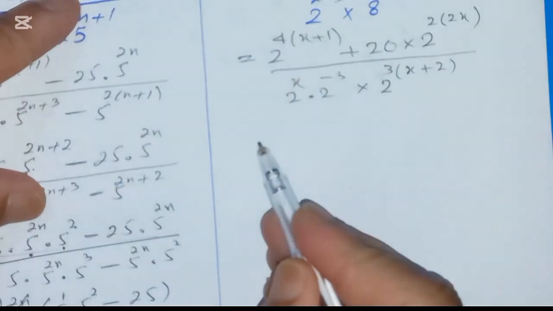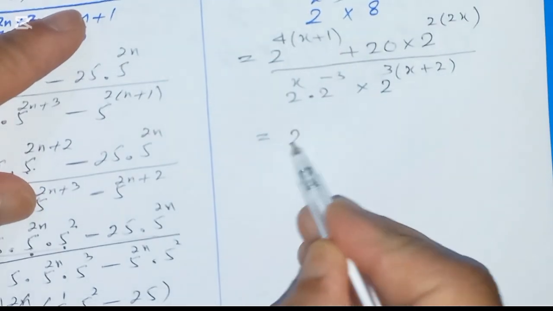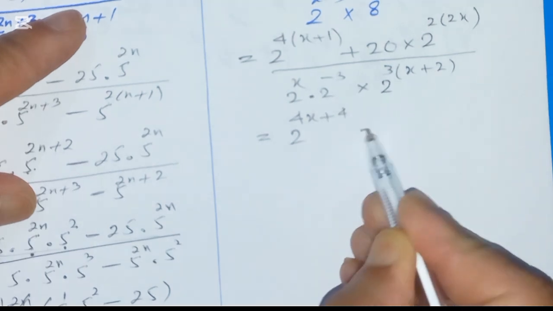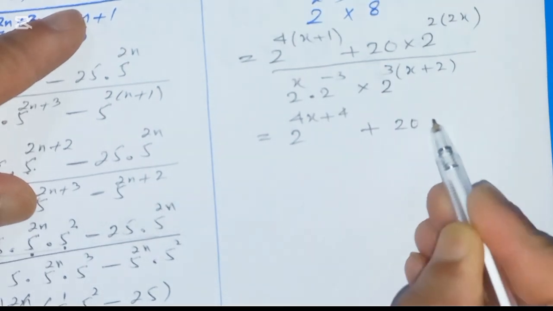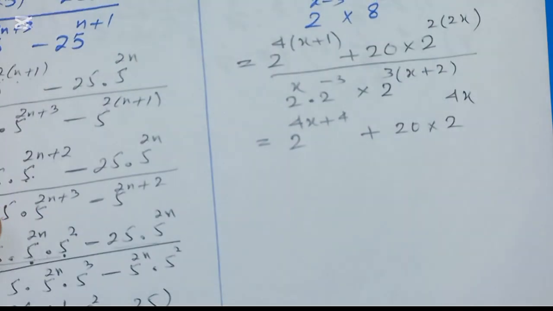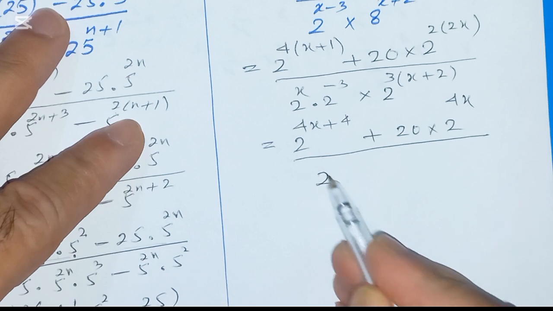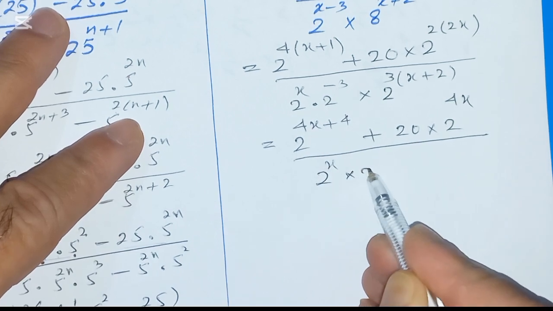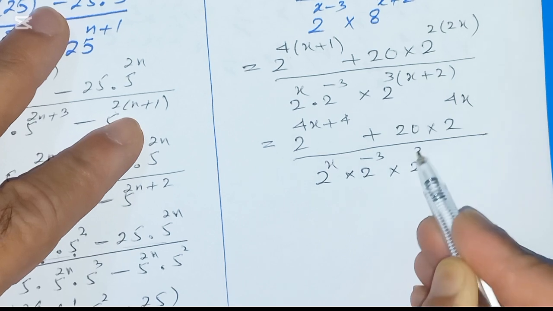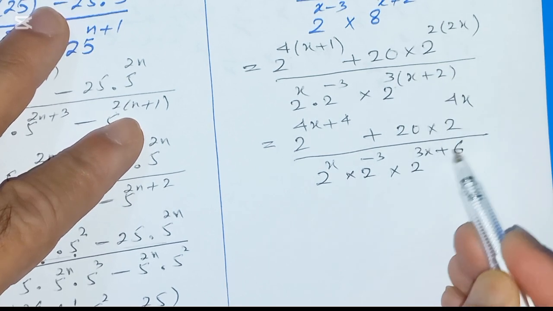Now in the next step this 4 will multiply within the bracket, so 2 power 4x plus 4 plus 20 multiply 2 power 4x. In the denominator we have 2 power x multiply 2 power minus 3 multiply 2 power 3x plus 6, that is 2 power 3 into 2 power 6.